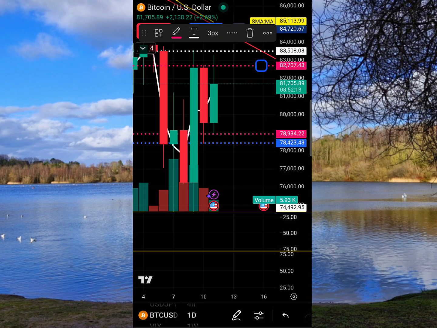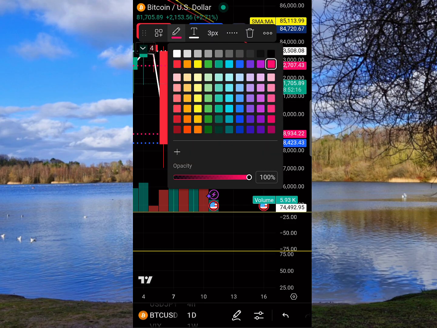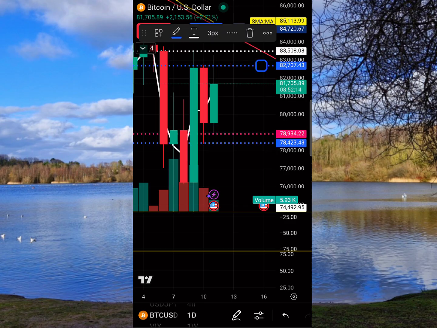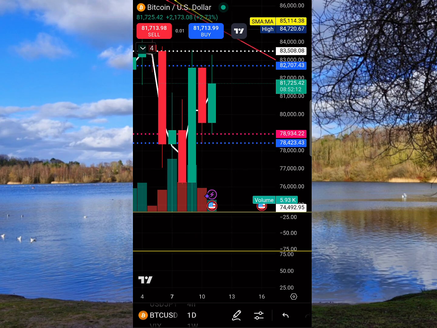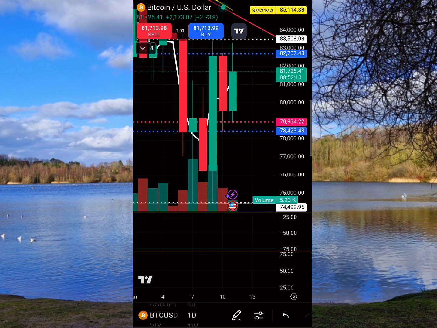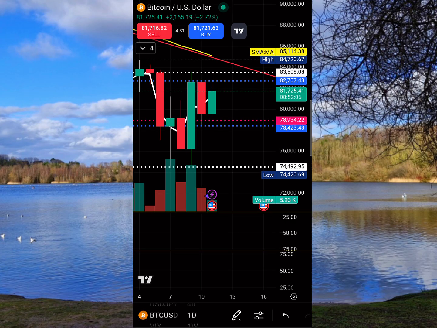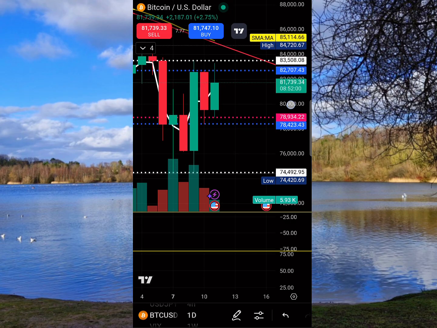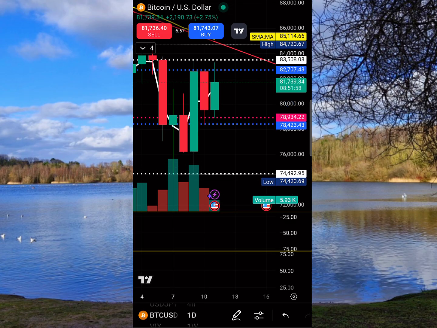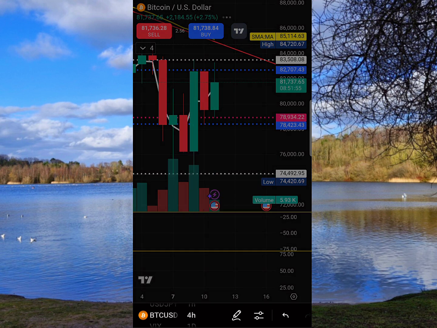I'll mark this back to blue. The blue was yesterday's action, that red middle candle. The green one is the third day's action, the second day's action is the blue, and today's action is the pink. So we'll now move into the 4 hour.